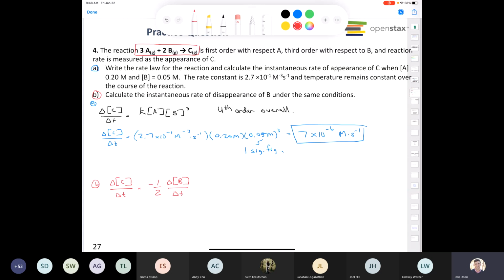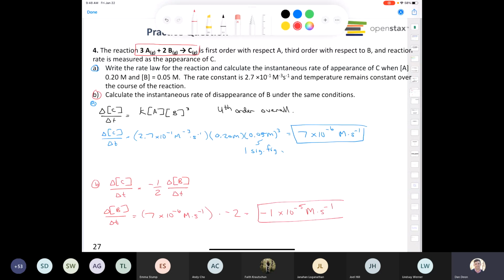So in order for us to calculate the change in concentration of B over time, we're going to have to take our change in concentration of C over time, which was 7 times 10 to the negative 6 moles per liter per second, and multiply that by -2, which is going to give us -1 times 10 to the negative 5 moles per liter per second.